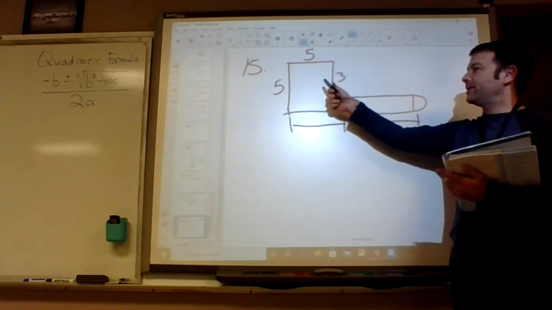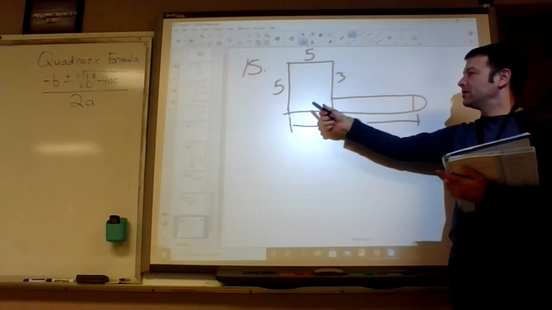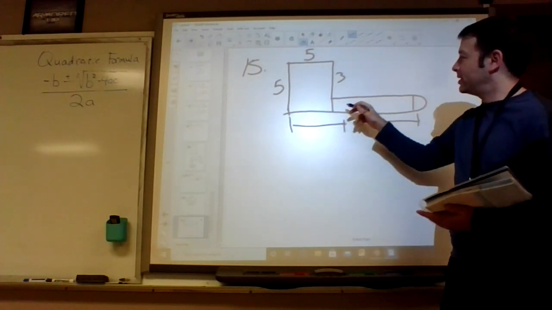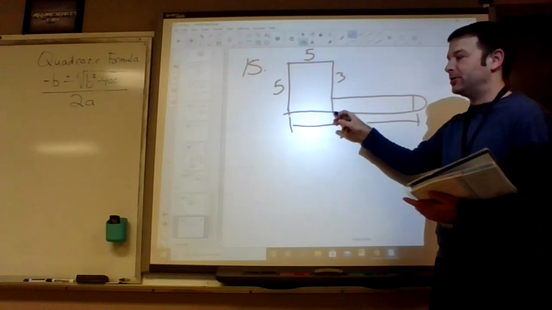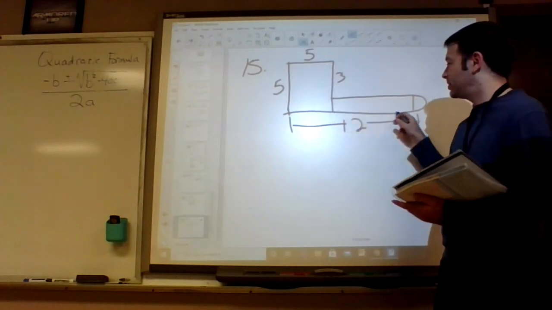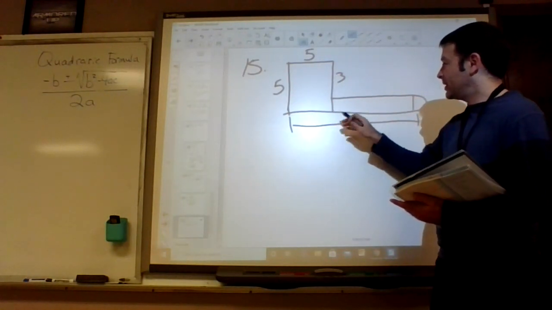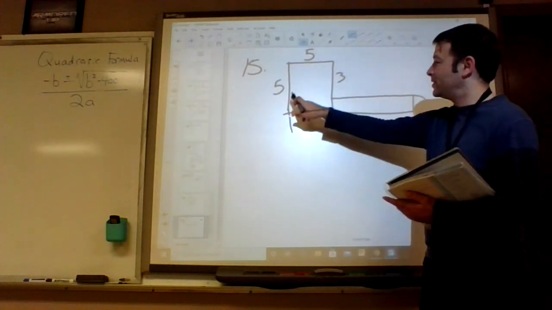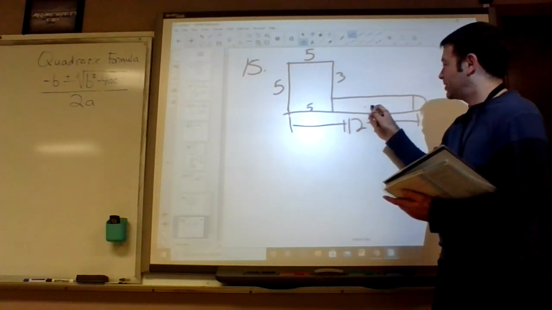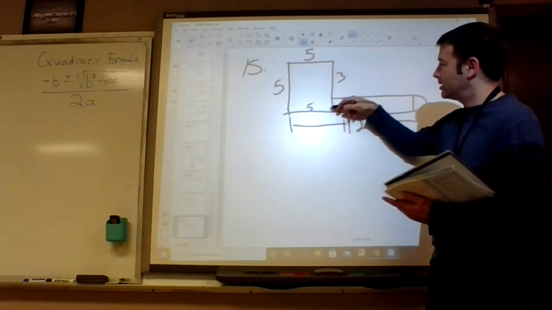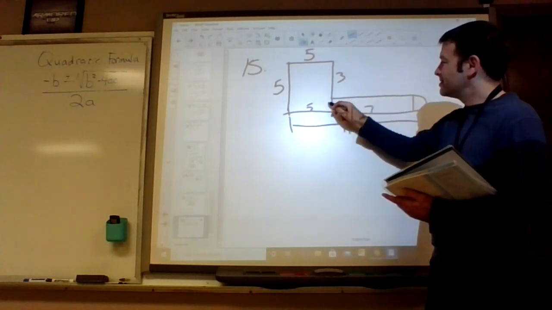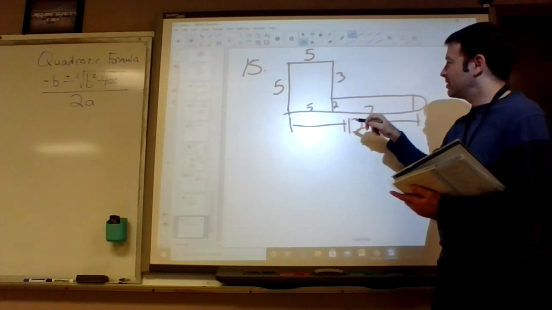How do we find the circumference? We'll get there in a minute. How long is it from here to here on this rectangle? 12, 7. This is 12 from here to here, and if this is 5, that leaves 7 right here. How tall is it from there to there? 2.